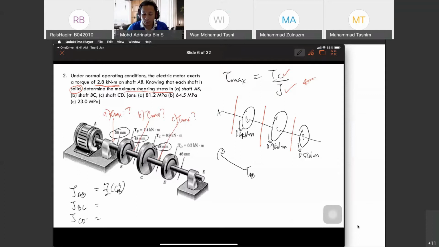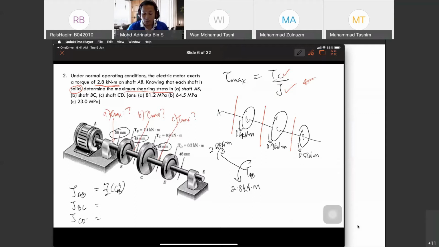Okay. So this one lah. So exert 2.8 kilonewton meter. So kita ada TAB 2.8 kilonewton meter. Right. Then torque ni kita boleh masukkan dalam equation tau max yang kita ada.